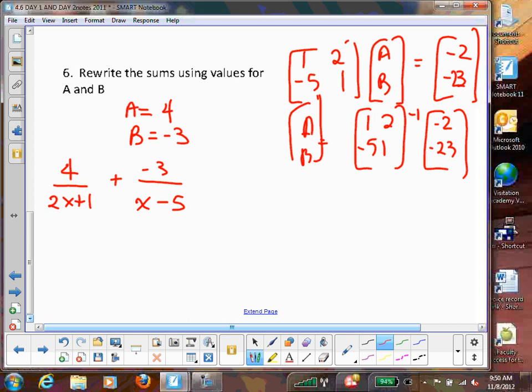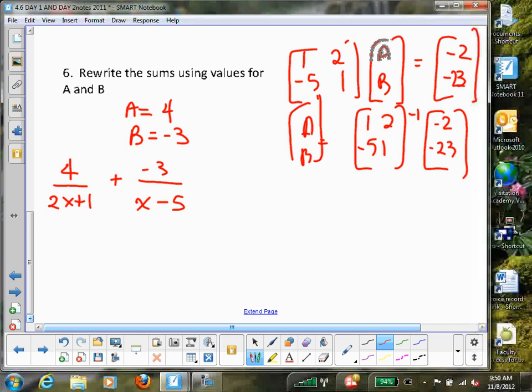See, I have inverse up here. So do you have it in the same order? 1, 2, negative 5, 1, negative 2, negative 23. Right. All right, let's try the next one.